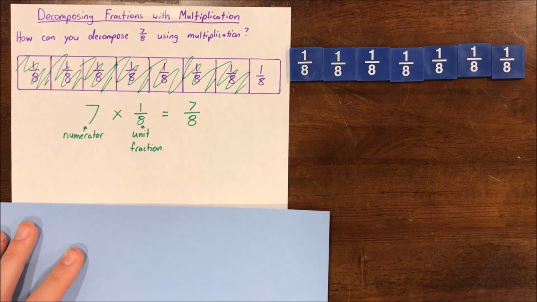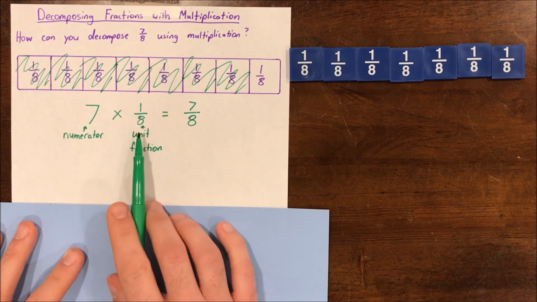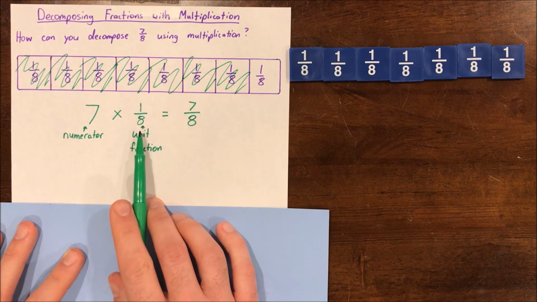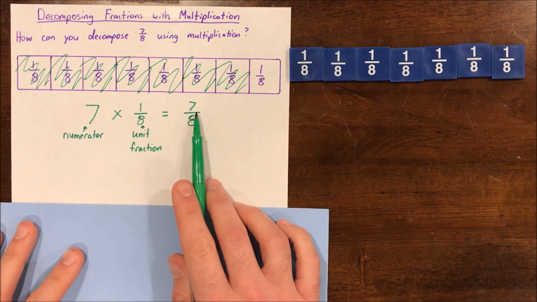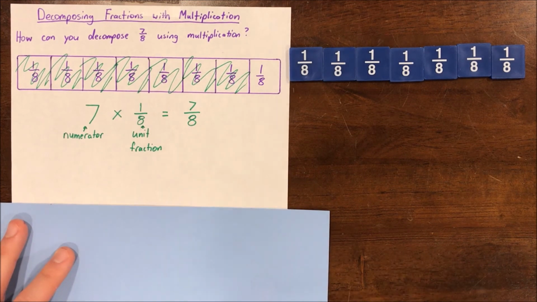Say it out loud. Right, it happens because we're changing the number of parts that we're talking about. So in this case, we started with 1/8, multiplied that by 7, and you ended up with 7 1/8s or 7/8. So I want to make sure that we remember that.